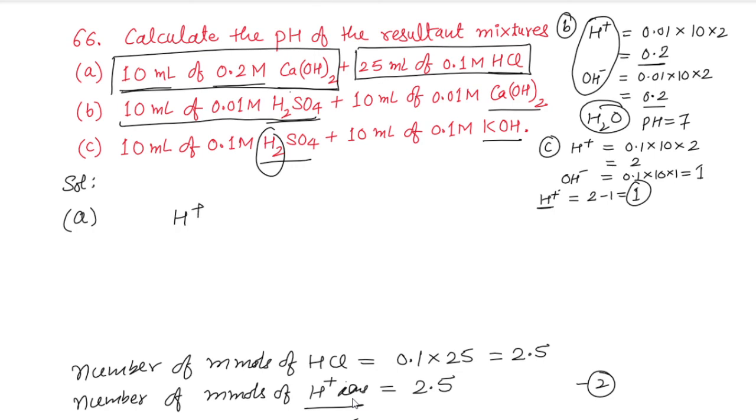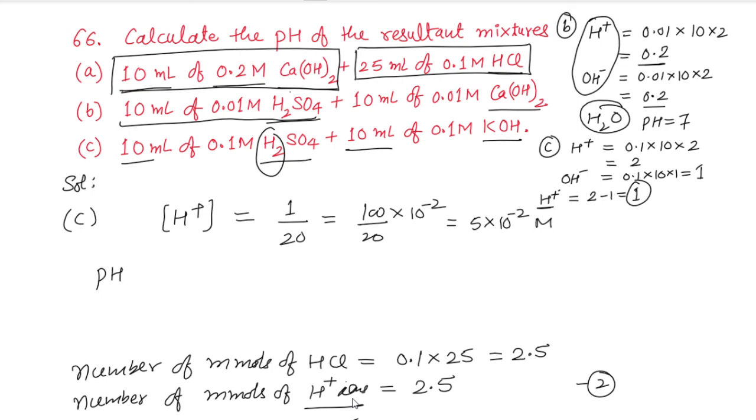From this we can calculate the H plus ion concentration: 1 upon 10 plus 10, total volume is 20, which is 5 into 10 raised to minus 2 molar.